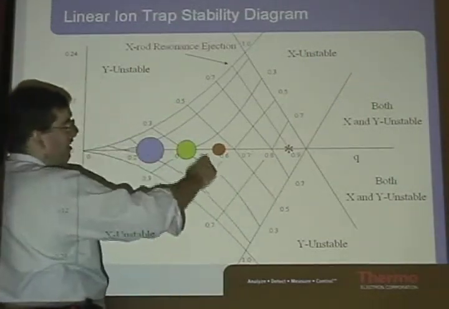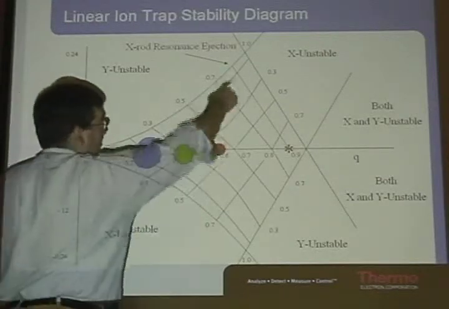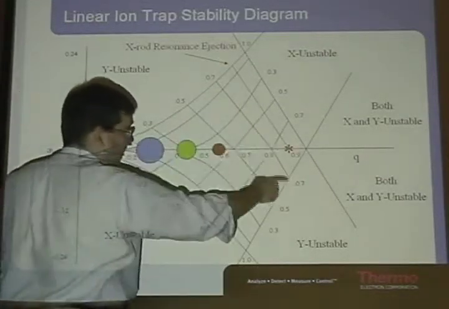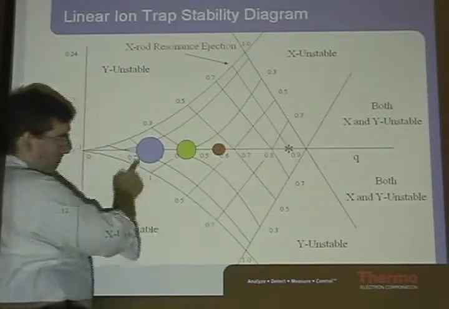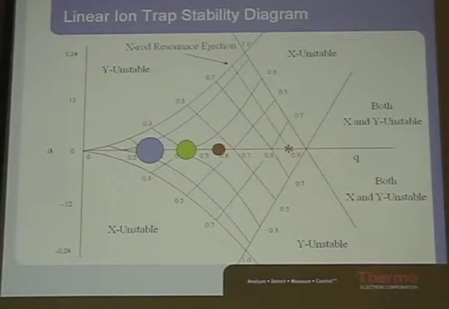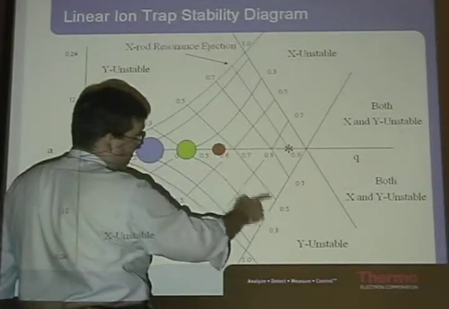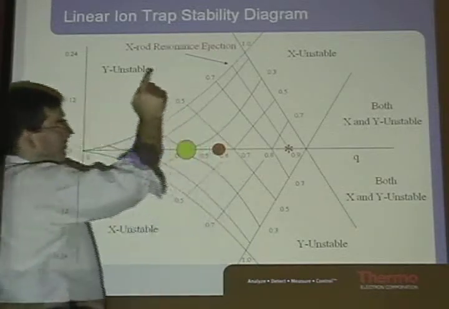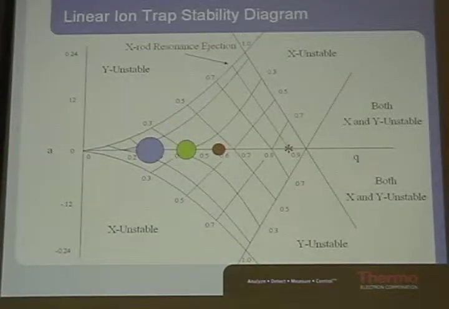You have isobeta X lines and isobeta Y lines. And notice that the lines intersect each other at the same point on the Q. So an X line intersects a Y line at the same point. So whatever the isobeta tells us, it tells us the same for the X direction and the same for the Y, because the trap is perfectly symmetric.